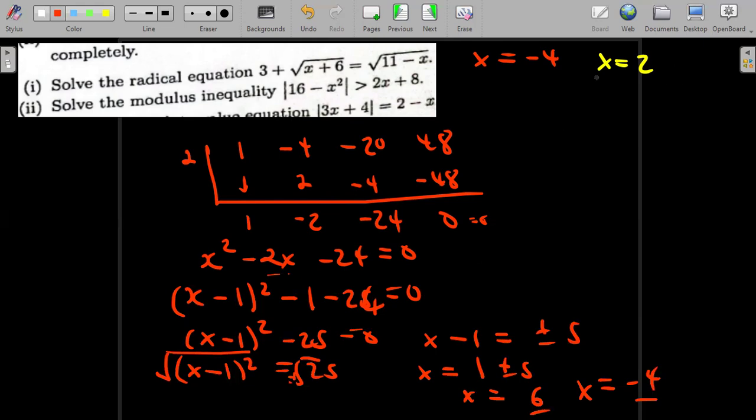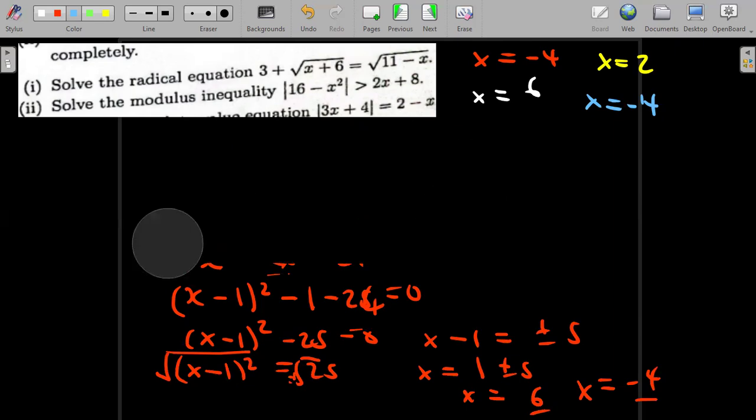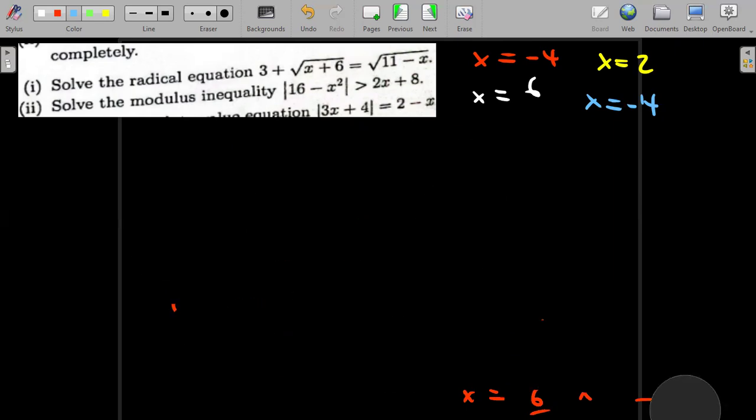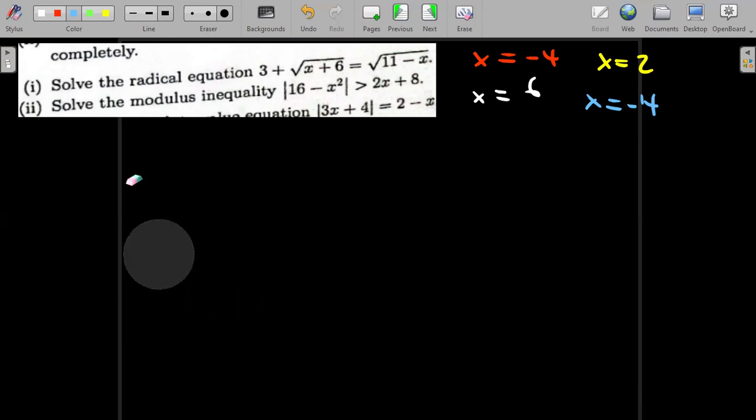Here we can include them to say we have x equal to 6, and then the other one is x equal to negative 4. The polynomial which we had was to the power 4. So we factored it out to those factors, but then we still have to solve this inequality, and this has just factored out.